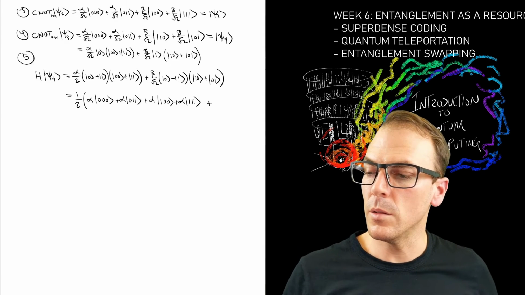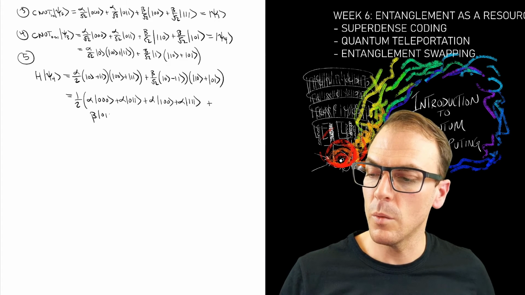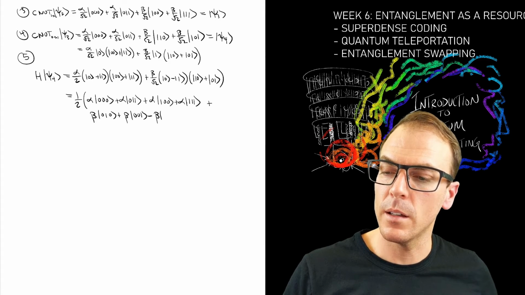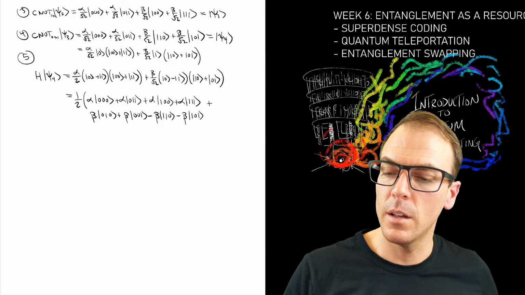And let's start a new line here for the betas. Beta 0, 1, 0 plus beta 0, 0, 1 minus beta 1, 1, 0 minus beta 1, 0, 1.